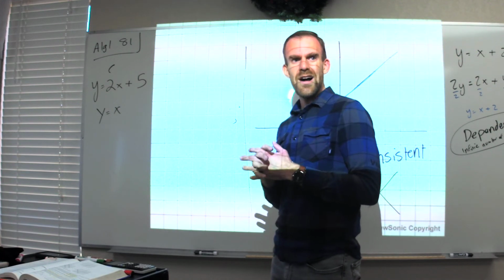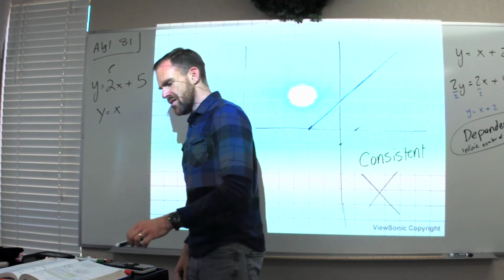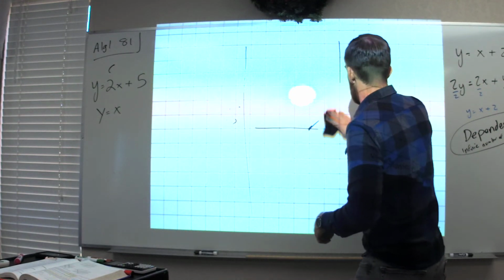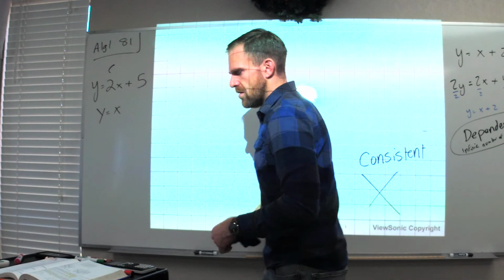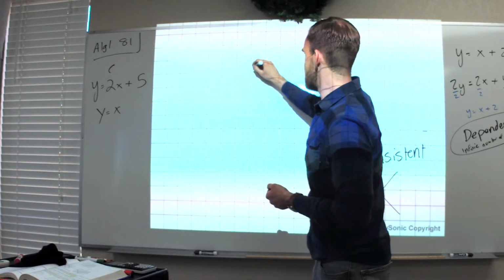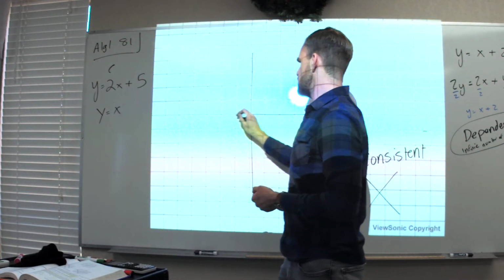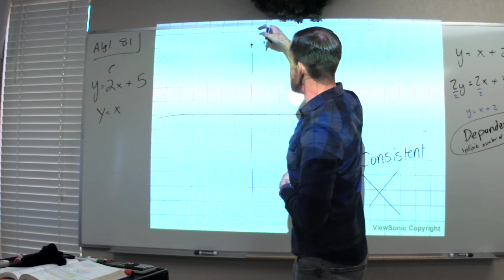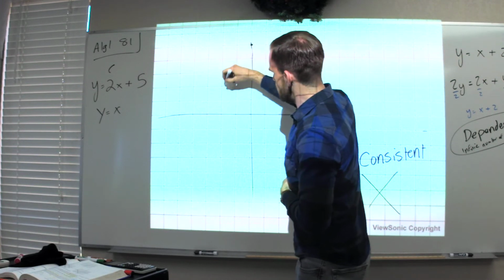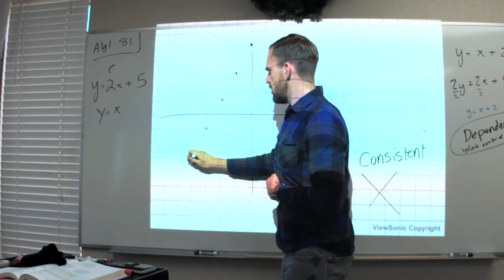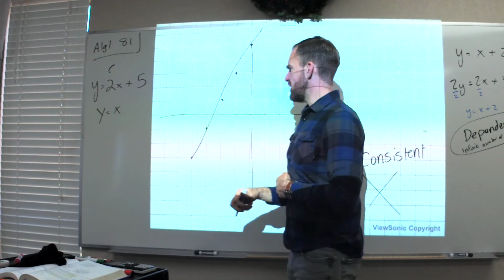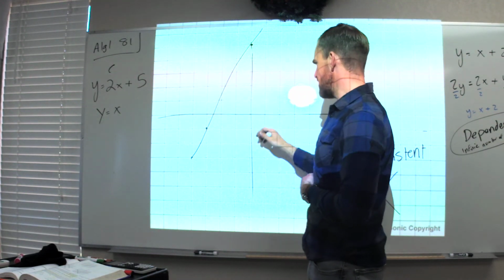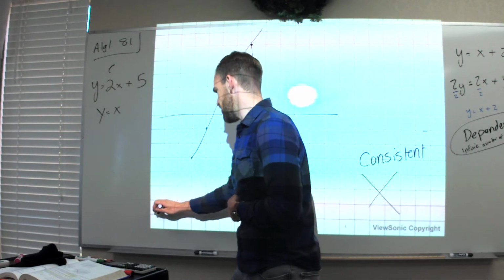They will always cross. This one, 2x plus 5, is consistent. 2x plus 5 looks something like this. You go up 5, and you go up 2 over 1. And then y equals x looks like this.